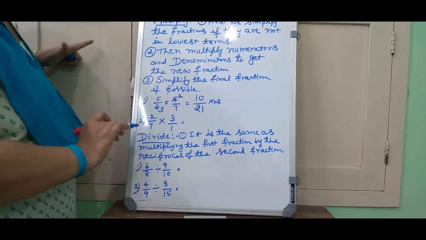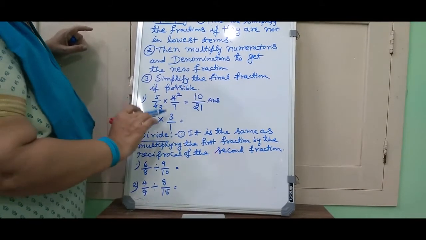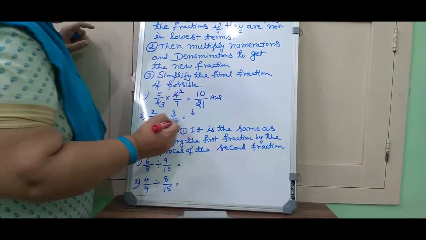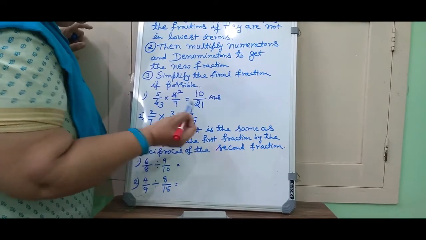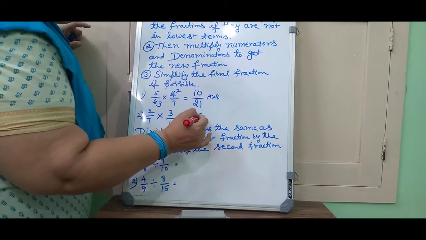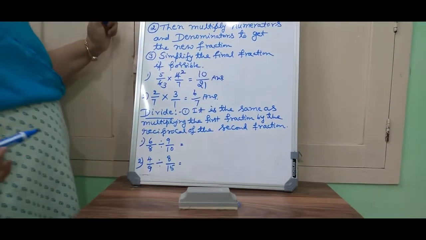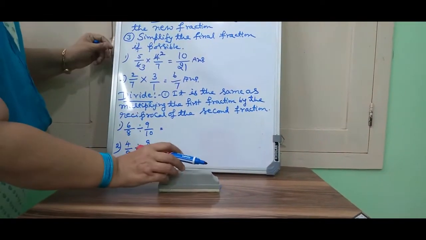So here we cannot cancel any number. 2 3s are 6, and 7 1s are 7. So 6 by 7 is the answer. This is how we multiply the given fractions.